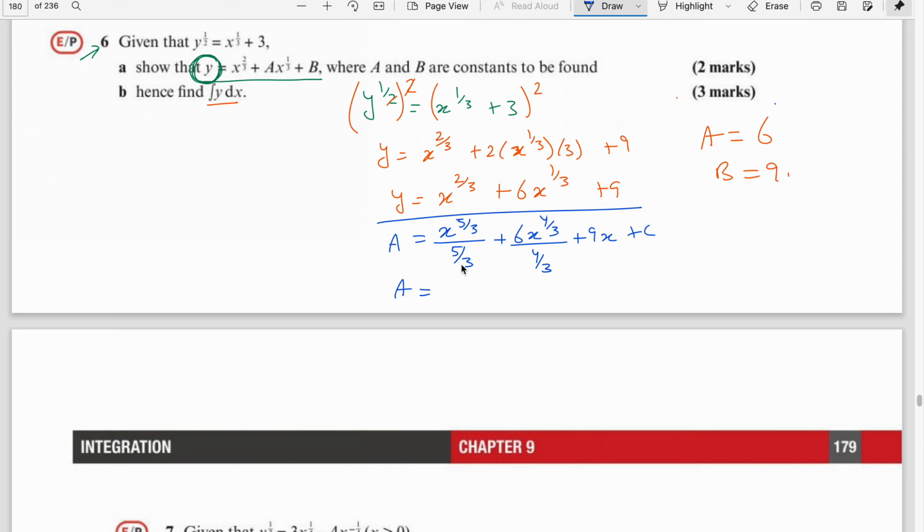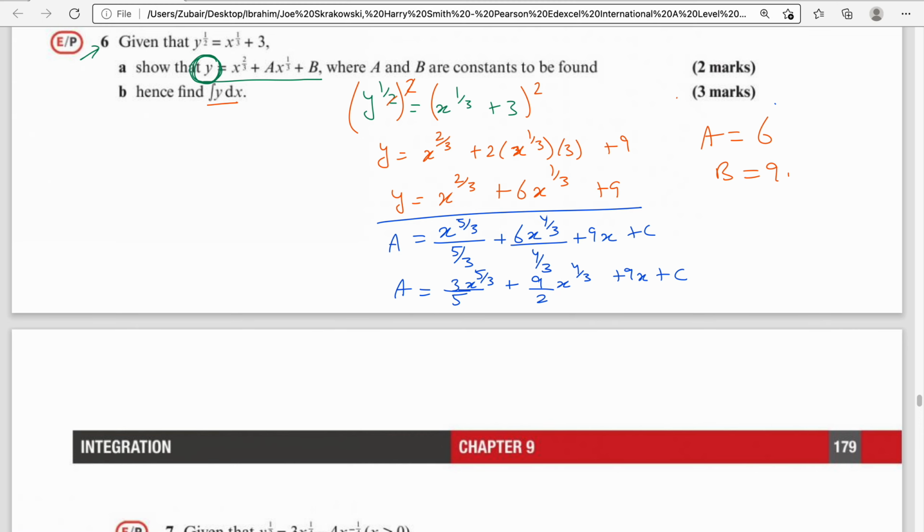So it equals 3 by 5 in the numerator x to the 5 by 3, plus 6 times 3 is 18 divided by 4 is 9 by 2, x to the 4 by 3 plus 9x plus c. Any confusion?